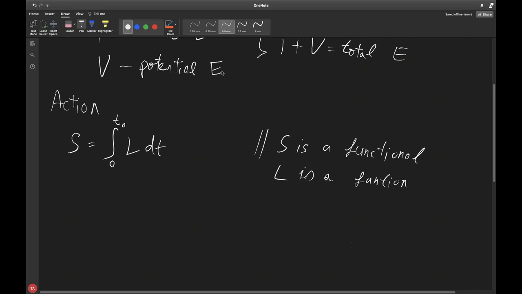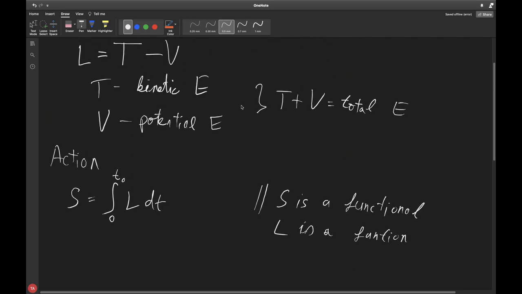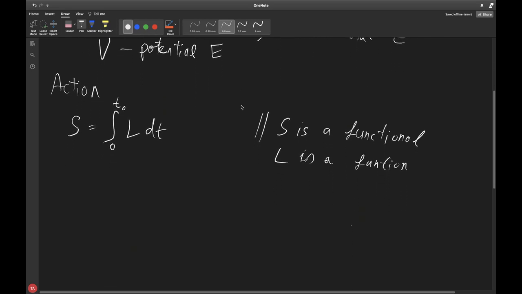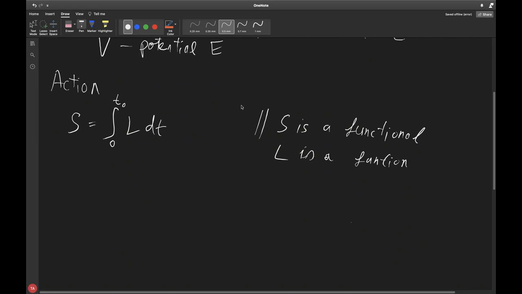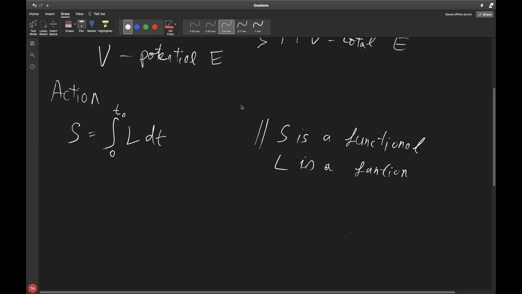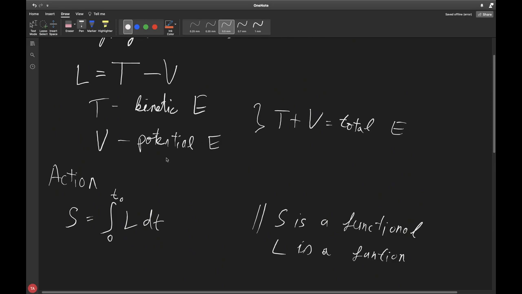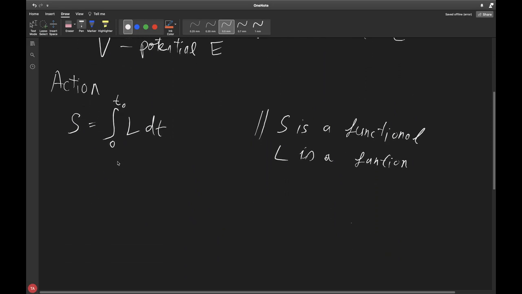Okay, so I mentioned that the T was the kinetic energy and V was the potential energy. So let's just input these things into this definition of the L. So L is going to be the same as 1 over 2 the mass of the object and then the velocity of the object.